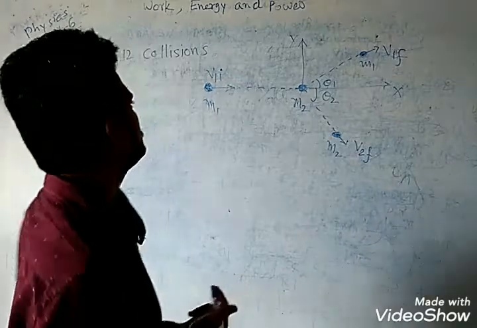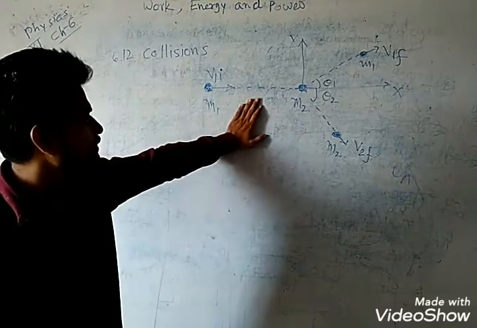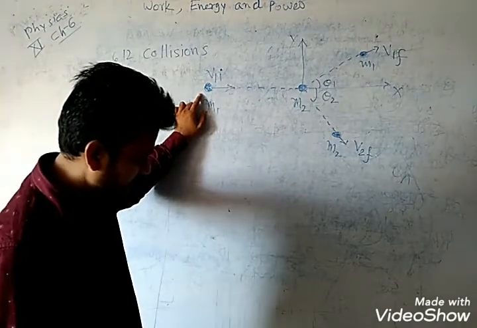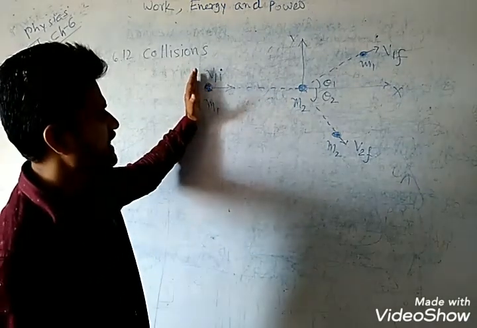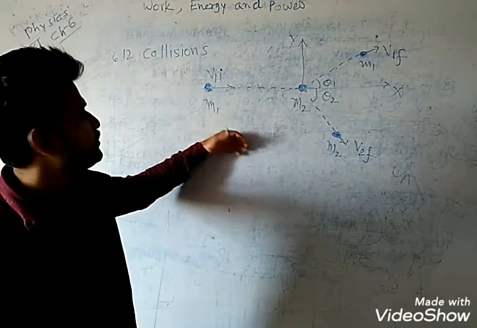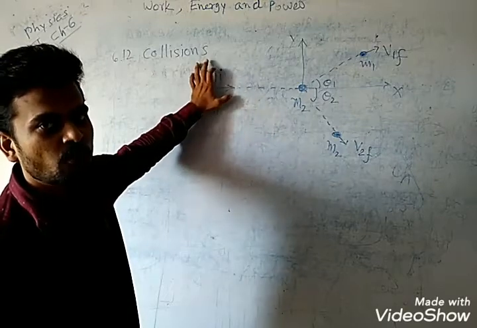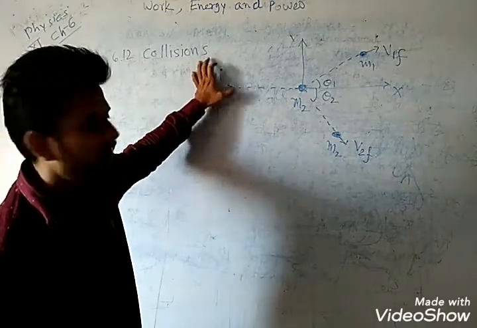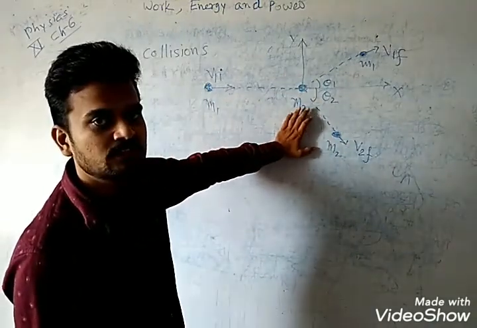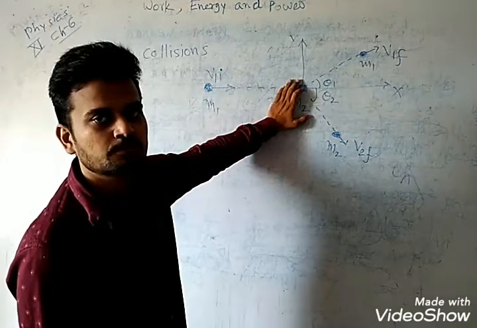Good morning, students. Topic number 6.10, collision. Now as shown in the figure, consider two masses m1 and m2. The speed of m1 is v1i, the initial velocity of this object. The second object m2 is initially at rest, not moving.